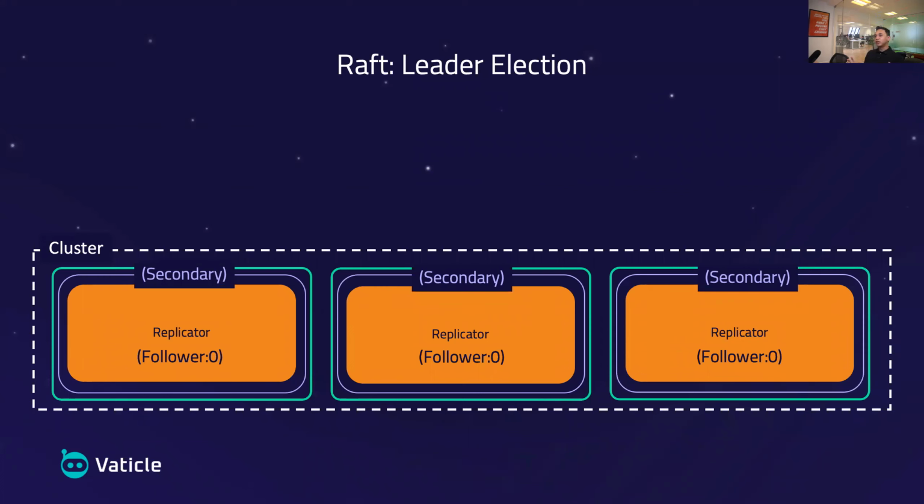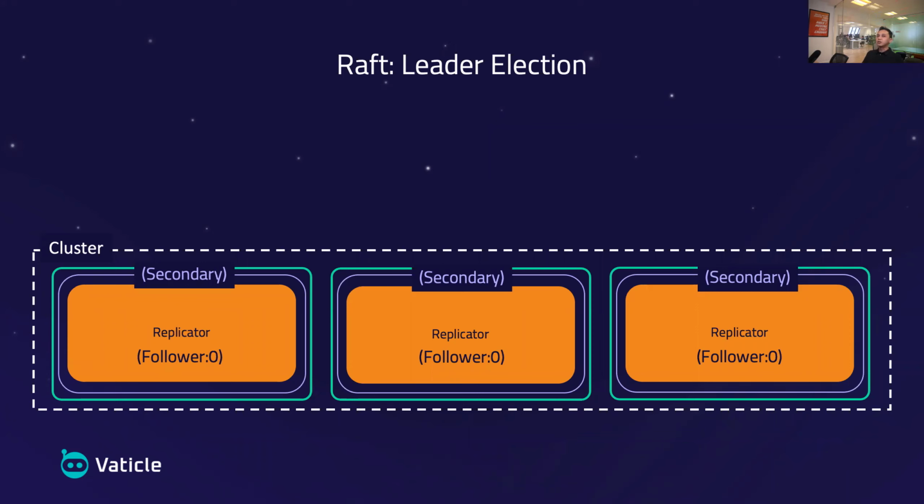So what does it mean for a leader to be elected in this system? If you remember previously, we were talking about the way TypeDB Cluster works, where you'll have database replicas and how one replica will be designated the primary and the rest will be designated as the secondaries. This is actually based on Raft. In Raft, each instance, each replica, will play the role of either the leader or the follower.